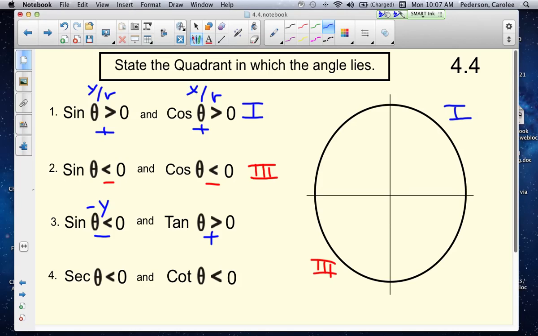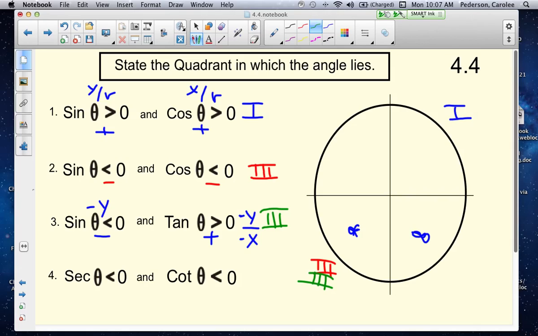So a negative y value would happen either here, here, or there. But then tangent represents y over x. So I know this has to be a negative, and if I want my tangent to be positive, then my x also has to be a negative. So which quadrant would that fall in? Quadrant 3 also. Yep, quadrant 3.